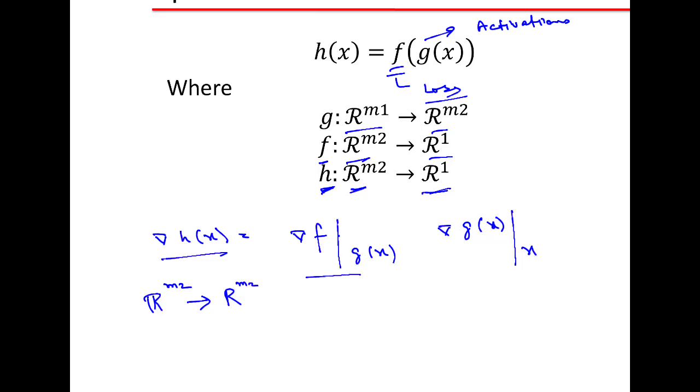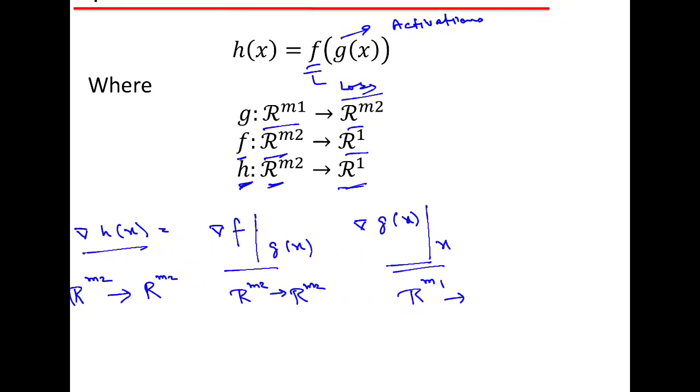F is mapping from m2 to r1. So this will also map m2 to m2. And the gradient of g would be, so this would be r m1. It will map it to r m2 cross m1.